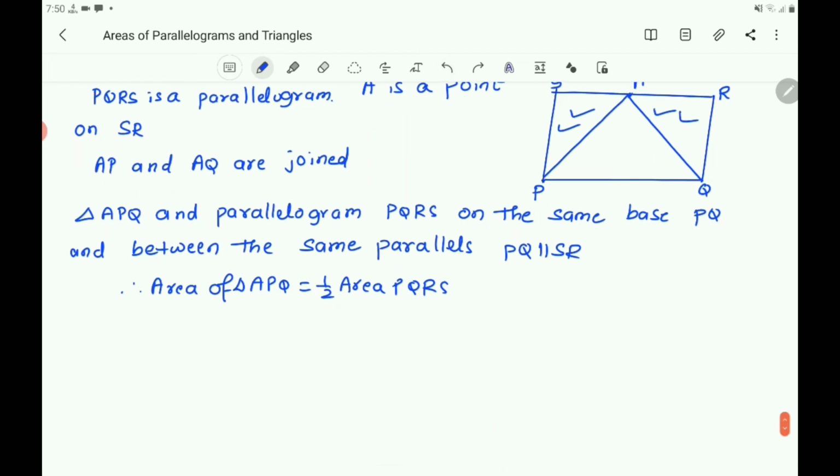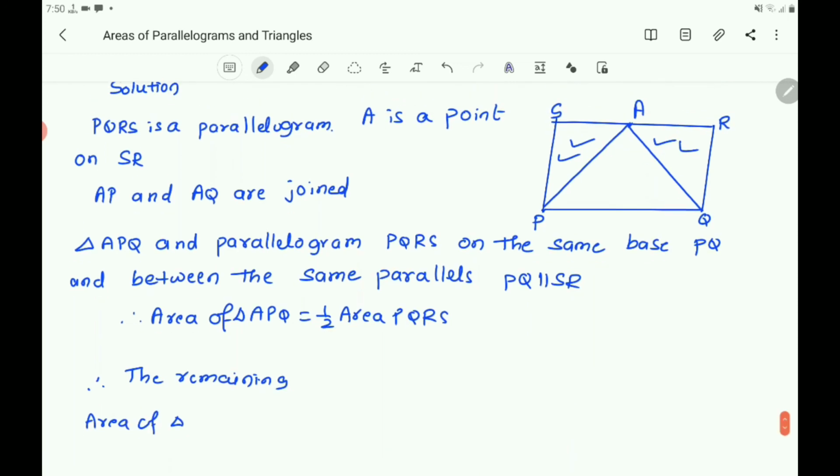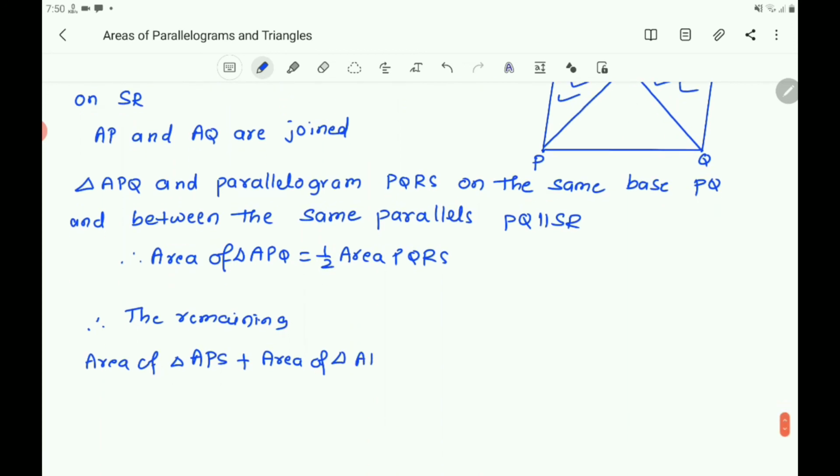Therefore, the remaining area of triangle APS plus area of triangle ARQ equals half area PQRS.